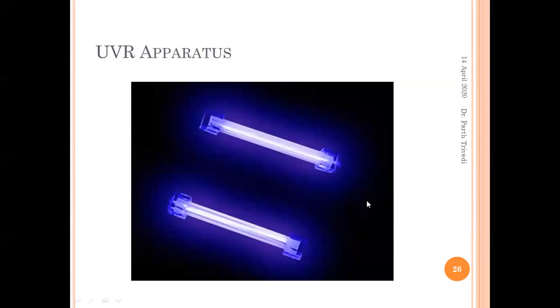In order to achieve this, fluorescent tubes are used. Every fluorescent tube is generally 120 centimeter long and is made up of glass, which allows long UV rays to pass. The inside of this tube is coated with a special phosphorus. Okay, a low pressure arc is set up inside the tube by process of ionization.